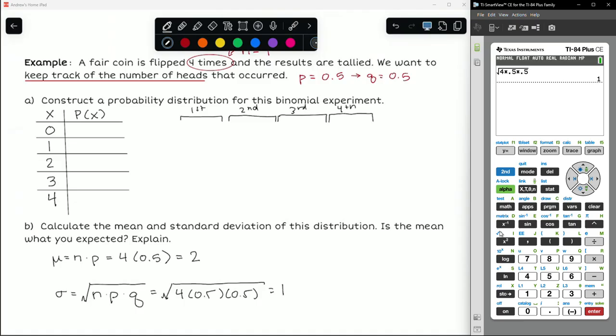So for that first split, I know that I could get a heads or a tails. 0.5, 0.5. I know for my second split, I could get a heads or a tails.